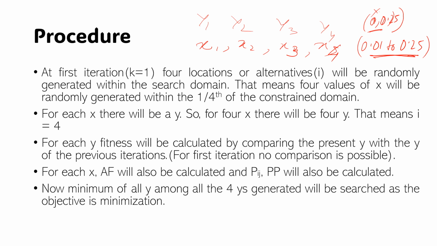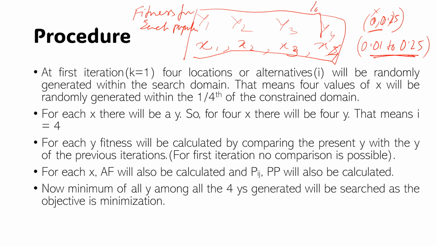So for each y, fitness will be calculated as I have said. Fitness you must calculate at each iteration, fitness for each of the population. Mind it, here I indicates population. I is 1, I is 2, I is 3, I is 4. But this has been generated in the single loop only.